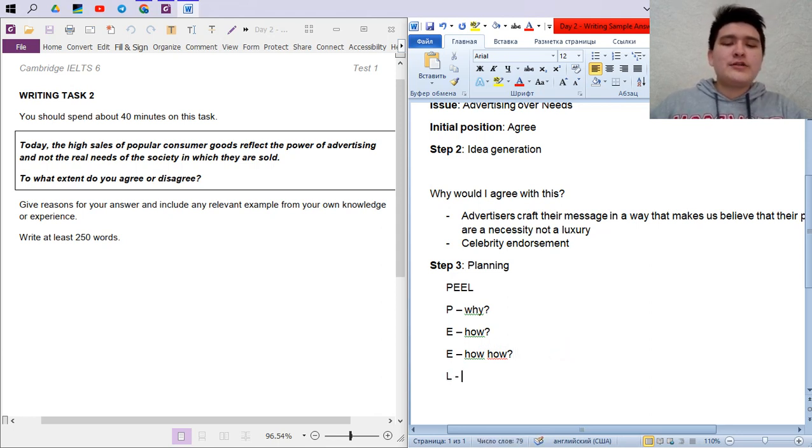Then link is sort of like, so what? What are you saying, right? That's the basic structure for every cohesive academic paper.